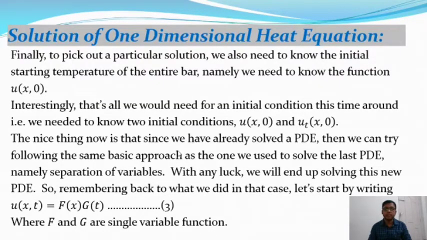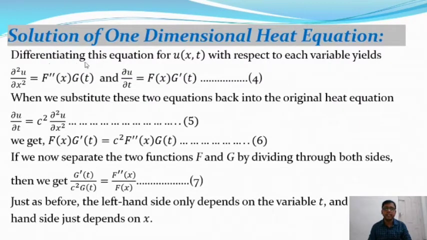Therefore, differentiating this expression for u of x comma t with respect to each variable, the one-dimensional heat equation is del u del t is equal to c square into del 2u del x square. From this we get the second order derivative with respect to x, which is f double dash x into g of t.